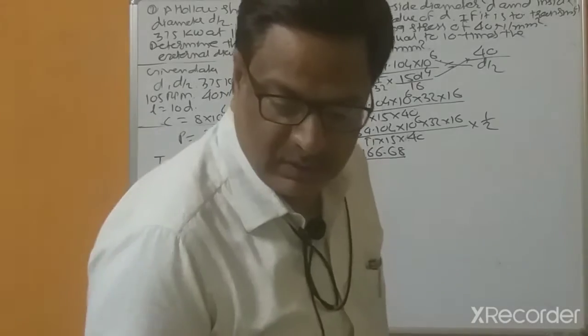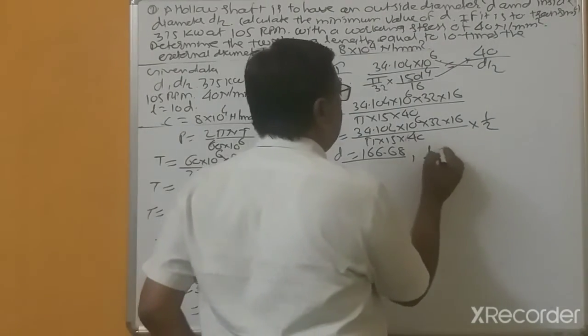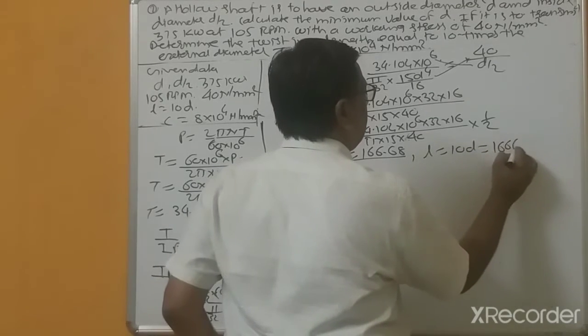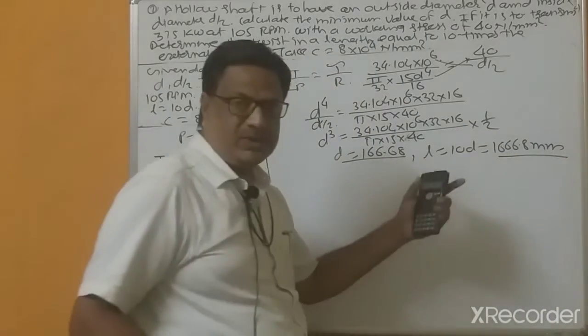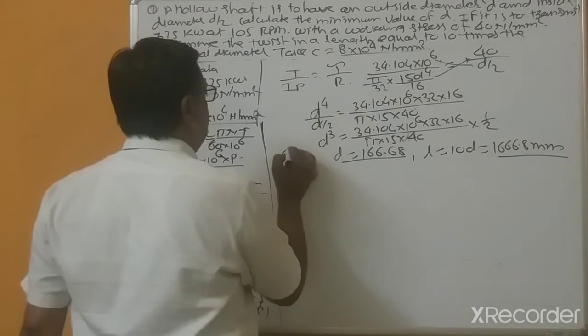So length equal to 10 times d. So this becomes 10 times. Now this is the first bit.